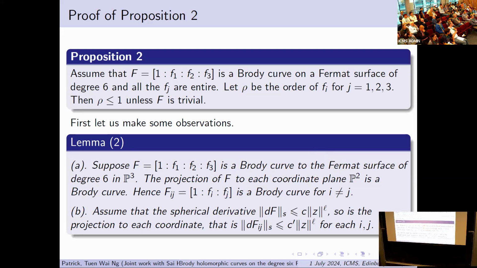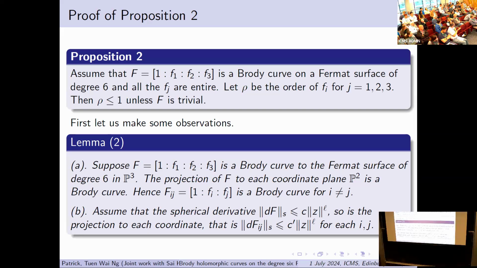So is Lemma 2 false when d is 5? I don't know, but in the proof you basically need to use that 6 is equal to 2 times 3. So you're ruling out any non-trivial Brody curves for degree 6.